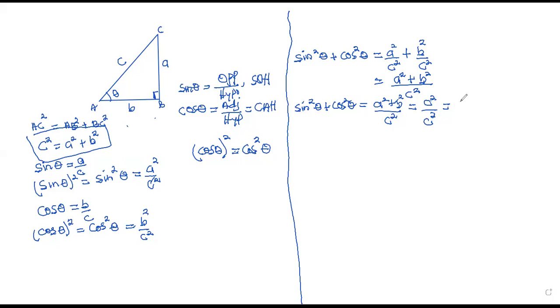And class, what is C squared over C squared? 1. So this is the proof of the fact that for any angle, when you square the sine of the angle and square the cos of the angle, the sum must be equal to 1. This is the proof.